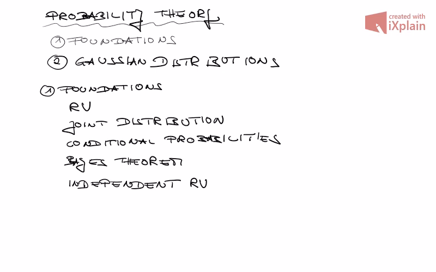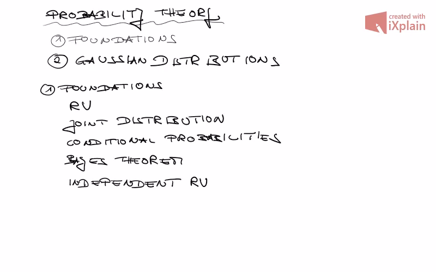And then finally, in terms of these foundations, we need to talk about discrete and continuous random variables, and the associated concepts of probability mass functions and probability density functions. So that's basically the plan for the first part, the foundations, and then once we have done that, we can talk about Gaussian distributions.